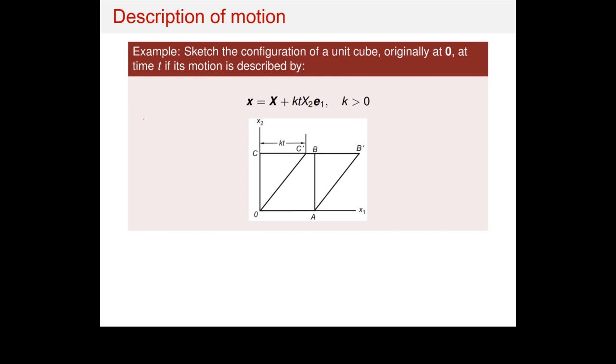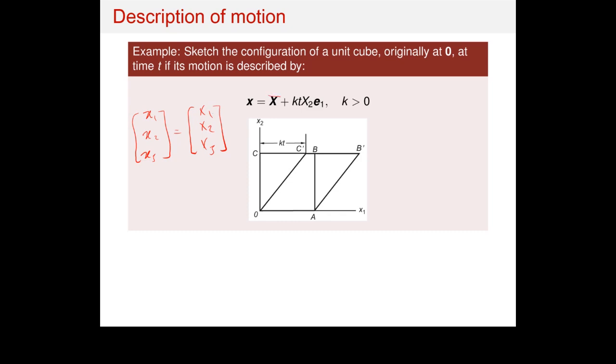So x is x1, x2, and x3. So this is a vector there, is equal to x capital. So this is x1, x2, and x3. And then you are adding some constant.